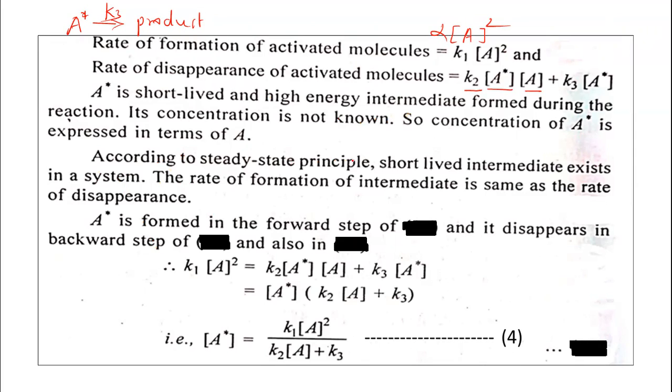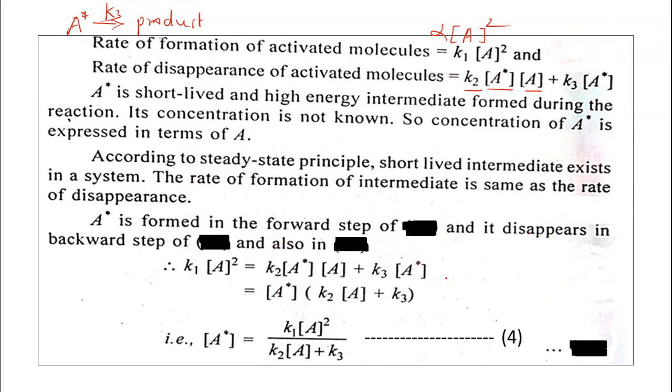According to the steady state approximation, the rate of formation of the intermediate is the same as the rate of disappearance. So A star is formed in the forward step and it disappears in the backward step and also in the next step.